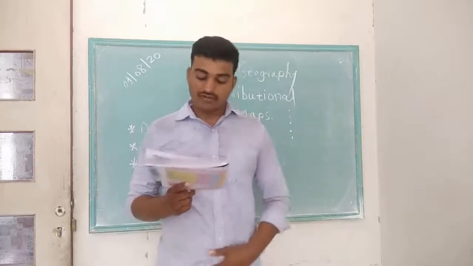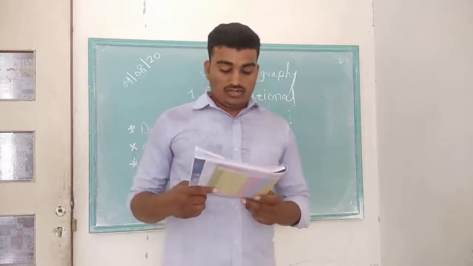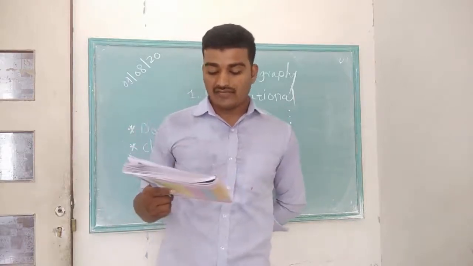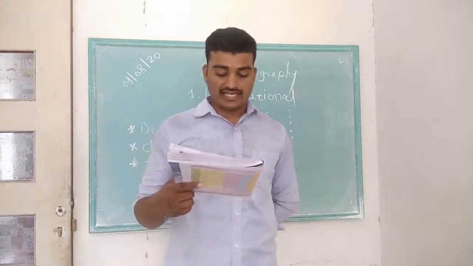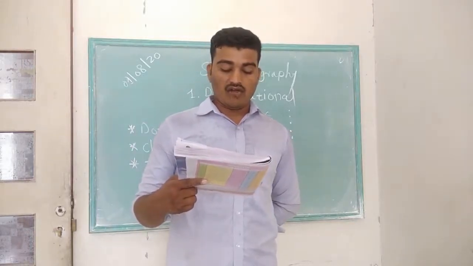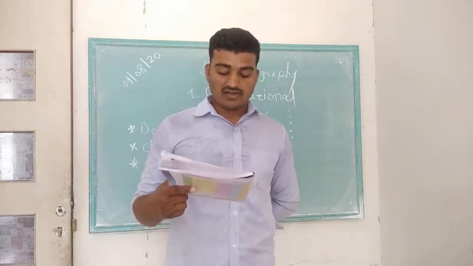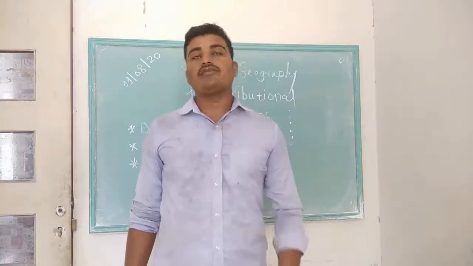To show distribution through the dot method, the value of the dot has to be determined. To do that, the lowest and highest value of the given variable in a region are taken into consideration. Accordingly, the number of dots is determined. Also, we need to consider the size of the dot, the density of the variable, and the scale of the map.